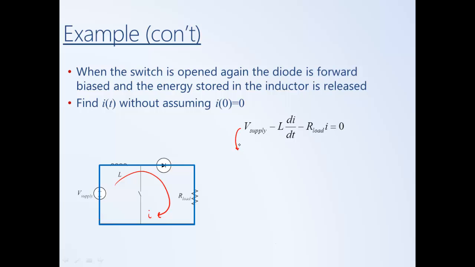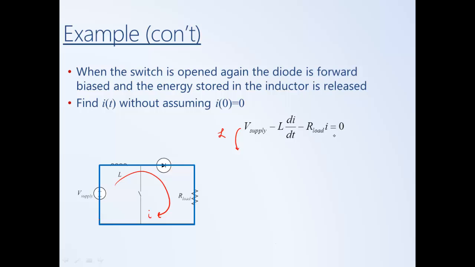We want to solve this differential equation to find I of t. Follow the same process. First we take the Laplace transform. This is just a constant, so it becomes E over S. This has the same form it did in the previous case, where the Laplace transform of the time derivative will be S times I of S minus I of 0. And when we take the Laplace transform of this term, R load is just a constant.